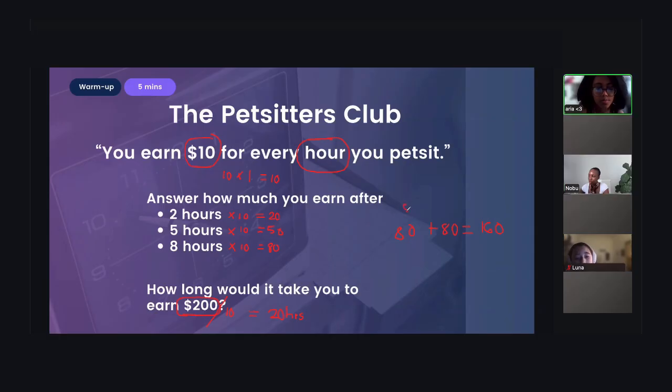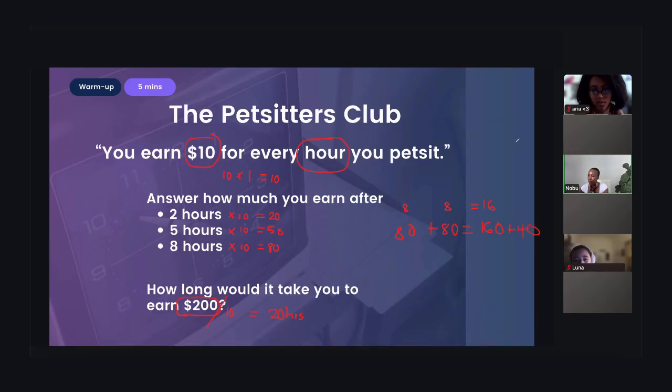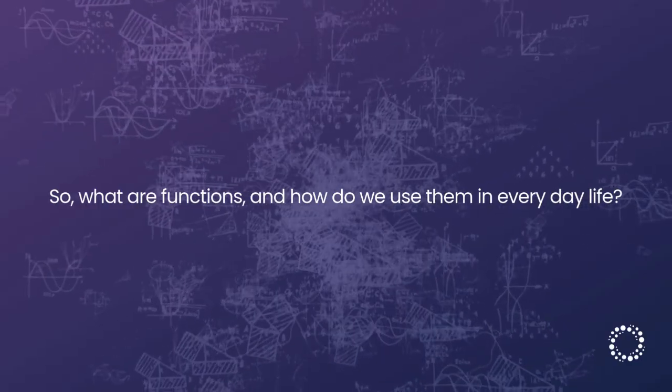Plus 40. 8 hours, and that is 16 hours. And if you add 40, which would be 4 hours, that would eventually give you 20 hours. So what this warm up is basically teaching us is functions.